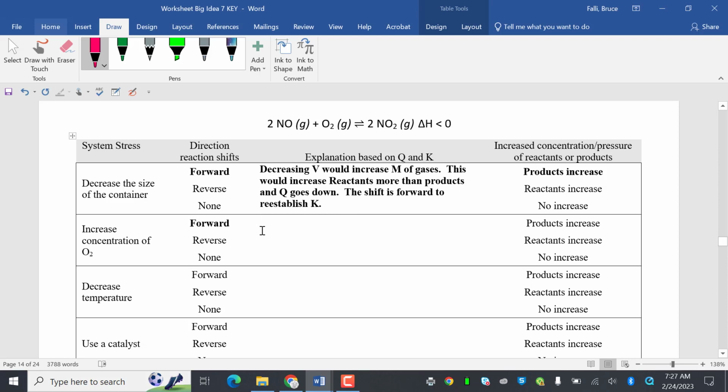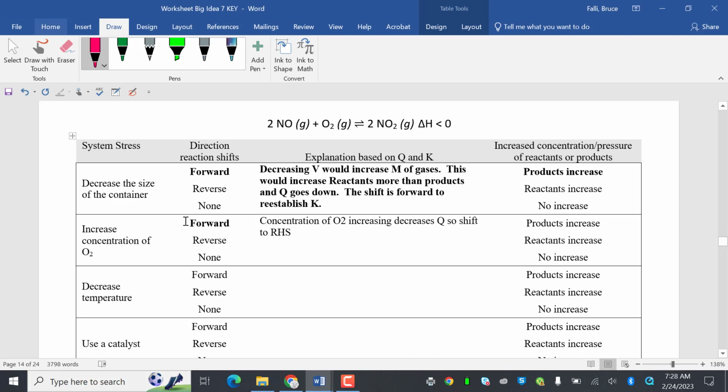So concentration of O2 increasing, so products over reactants decreases Q. So I would have too many reactants. So shift to the right-hand side.